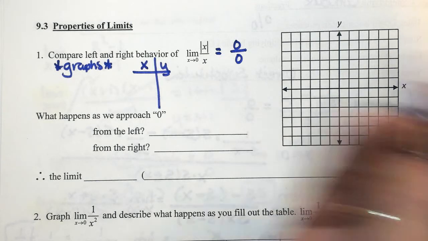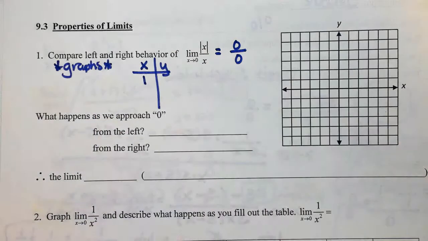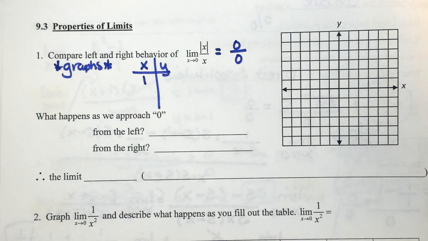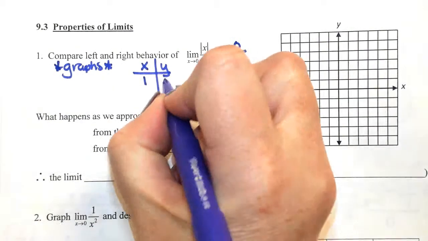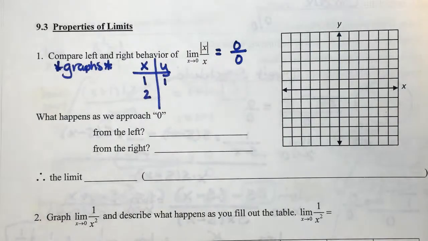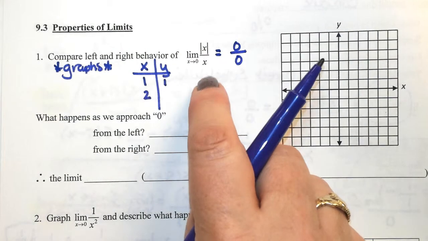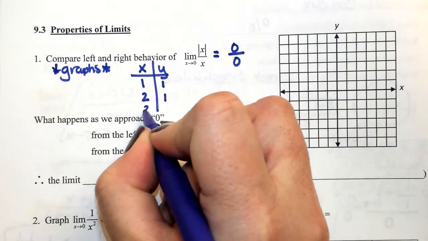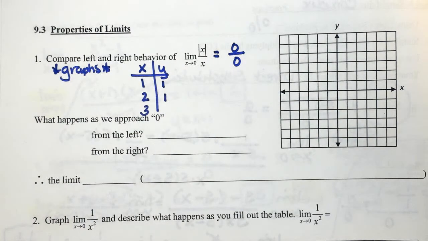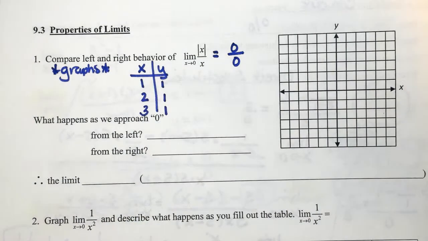So let me start with an x value larger than 0, so let me start with 1. When I plug in 1 for x, what is the absolute value of 1 divided by 1? 1. So let's plug in a 2. What's the absolute value of 2 divided by 2? 1. If I plug in a 3, what's the absolute value of 3 divided by 3? 1. Are we noticing a pattern? Yes.